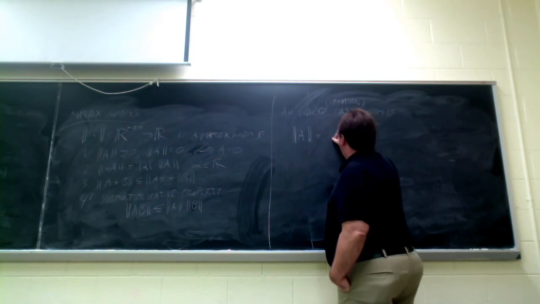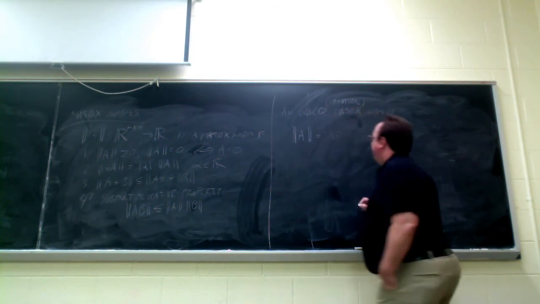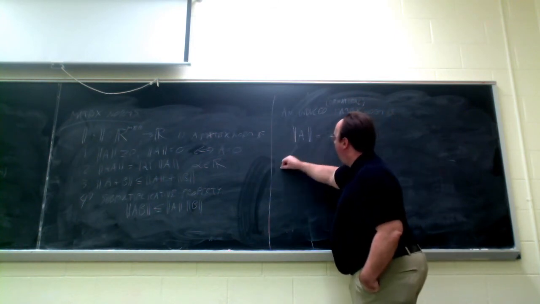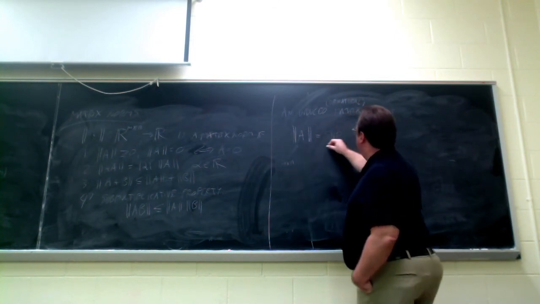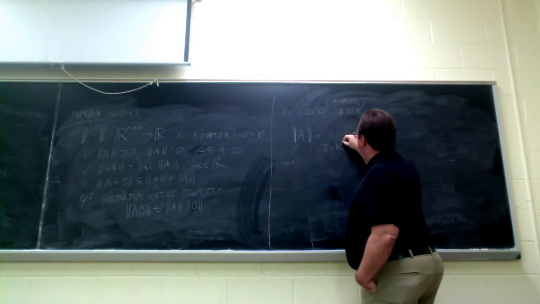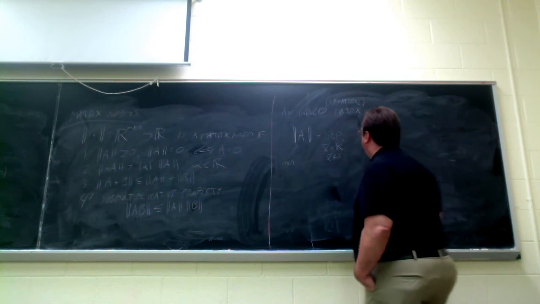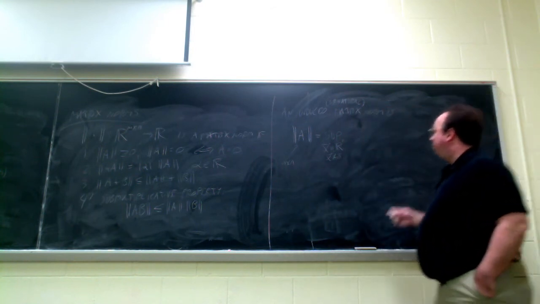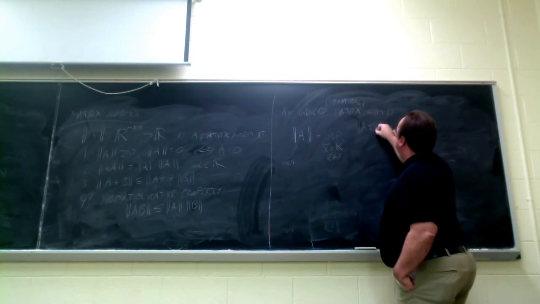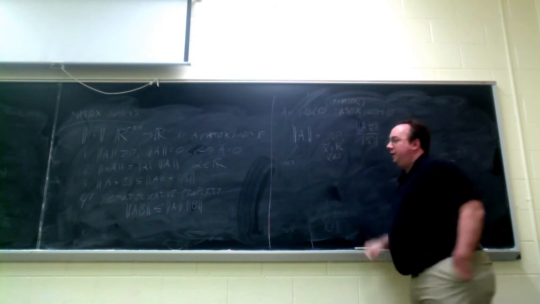So it's equal to the supremum over, okay, A is m by n, so we consider all n-vectors x that must be non-zero. And we take the supremum of this quantity, the vector norm of Ax over the norm of x.